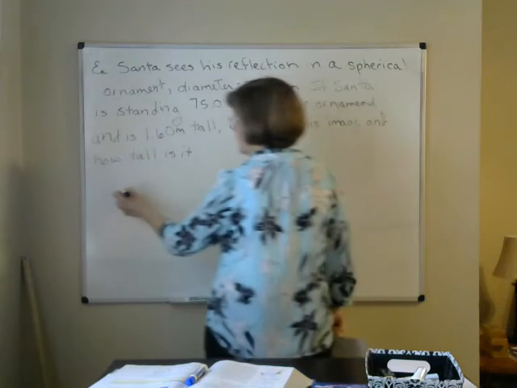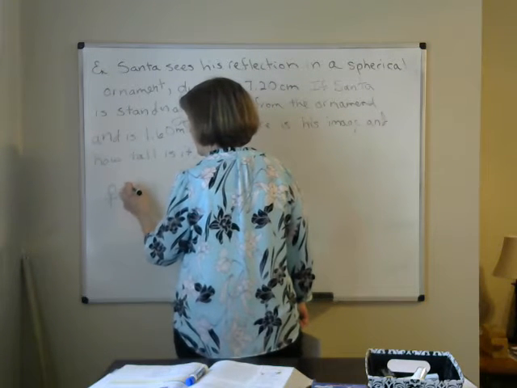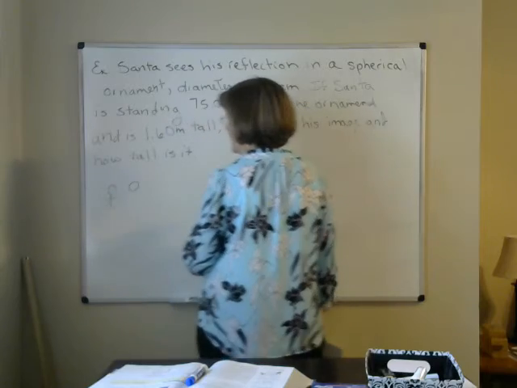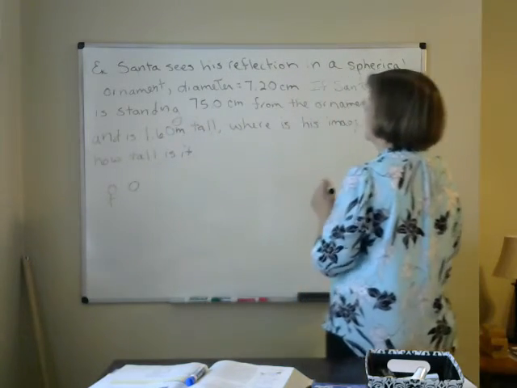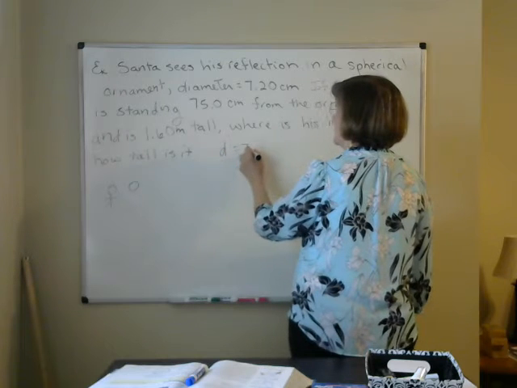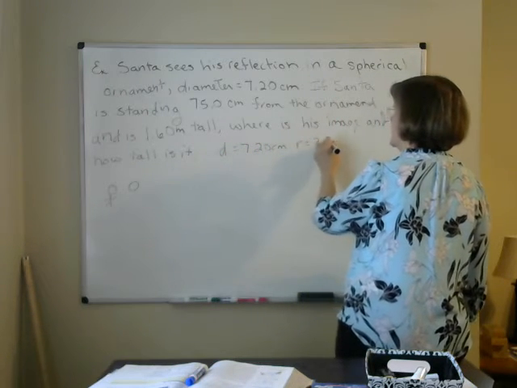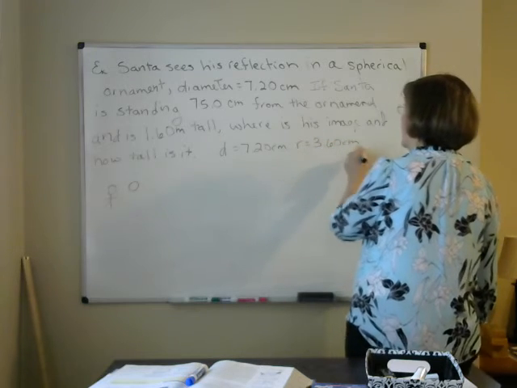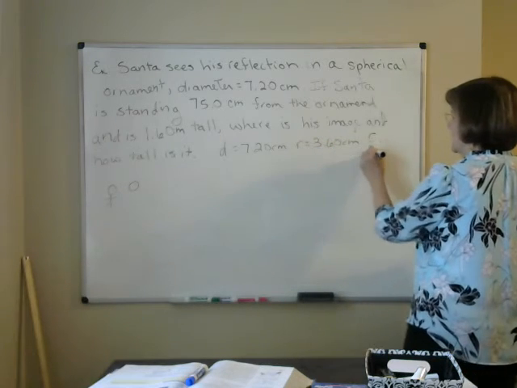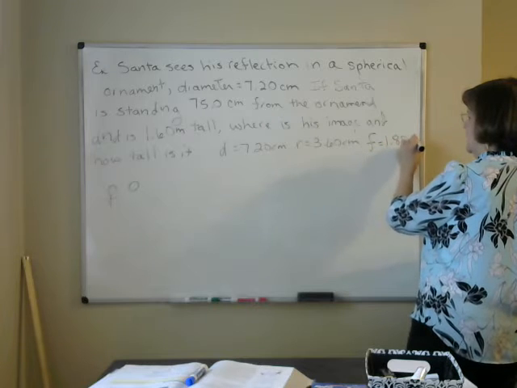Okay, so we've got this problem. We've got a little old Santa Claus here, and he sees himself in this ornament. What does he see? Okay, if the diameter is 7.2 centimeters, that tells me that the radius is 3.6 centimeters, and that tells me that the focal length would only be 1.8 centimeters.